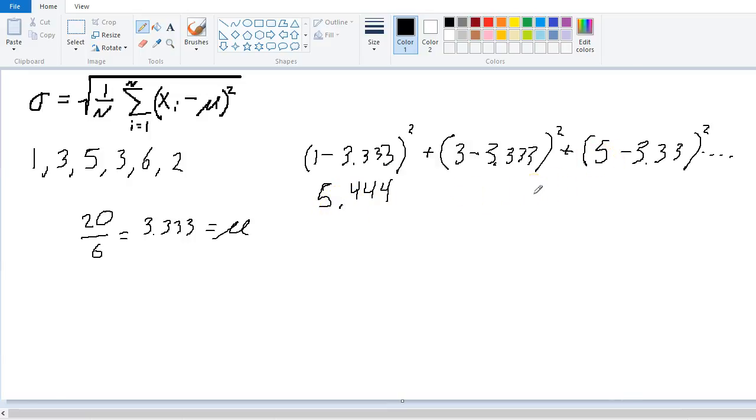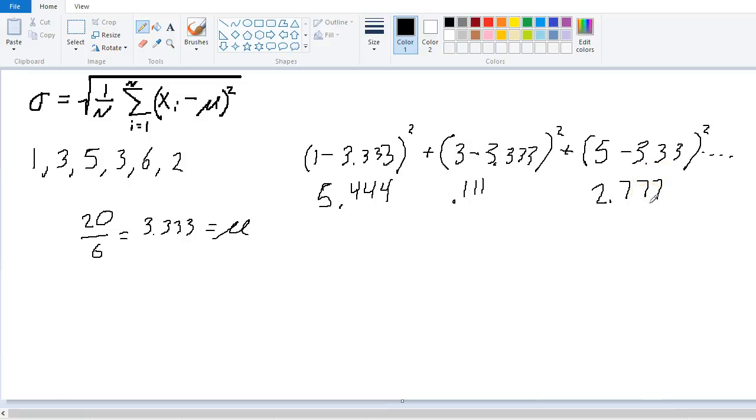Let's do the next one. 3 minus 3.333 squared gives us 0.111. 5 minus 3.333 squared gives us 2.777.